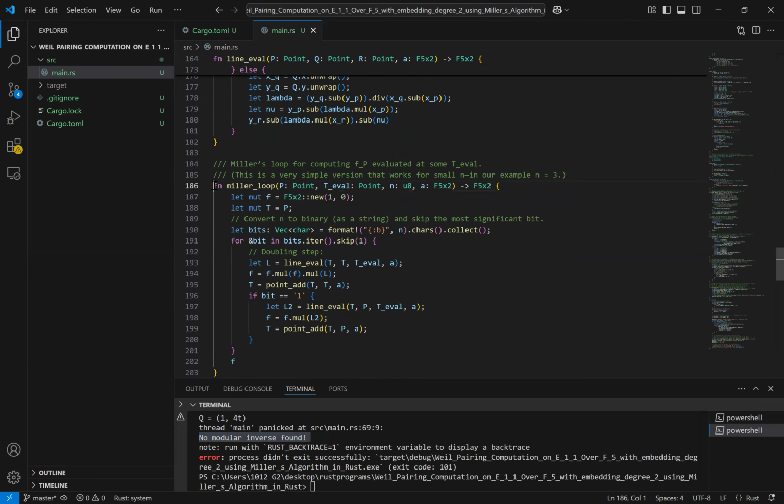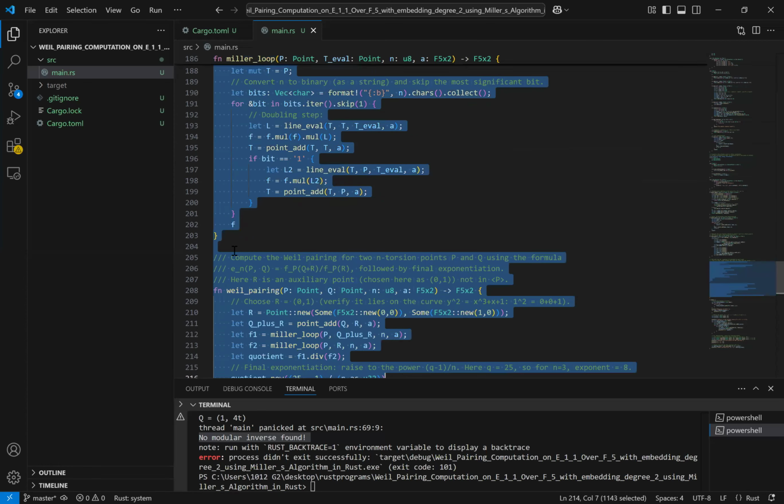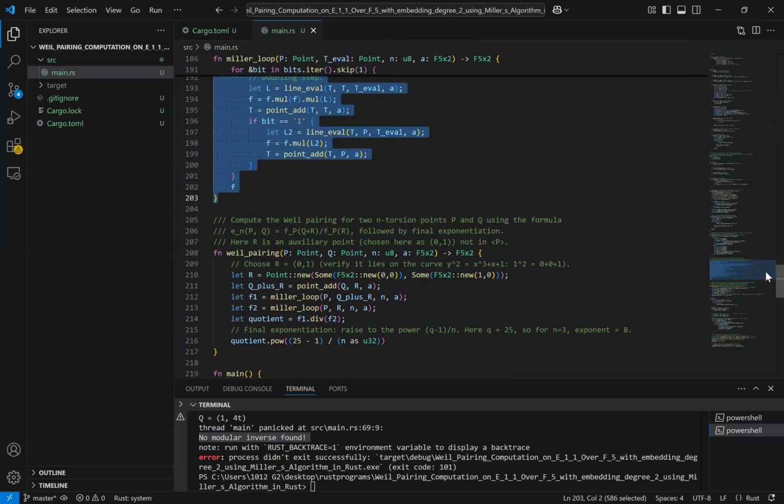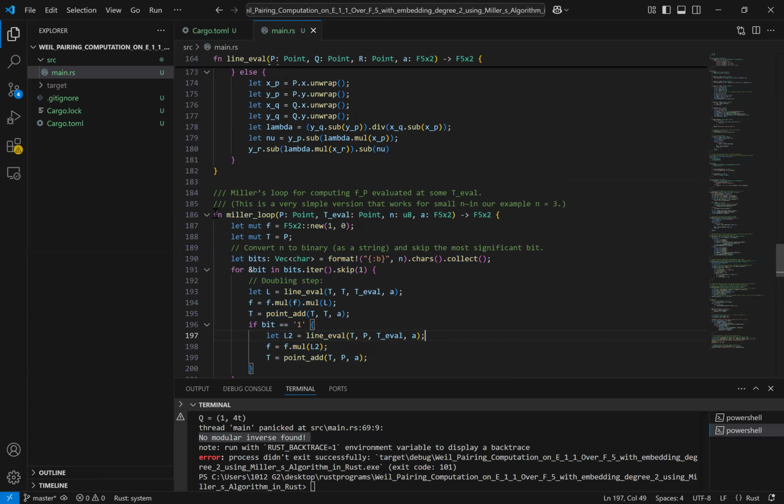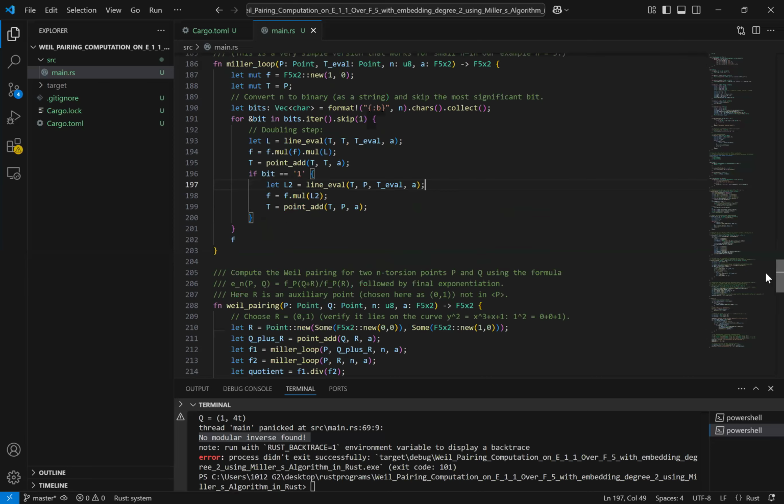I ask it for the Miller loop. This is Miller's algorithm. It will be converting a binary number to a string, then using that. This is a function that will be doing Miller's algorithm. This is the only thing that I added, but the rest is the same code we've been seeing.